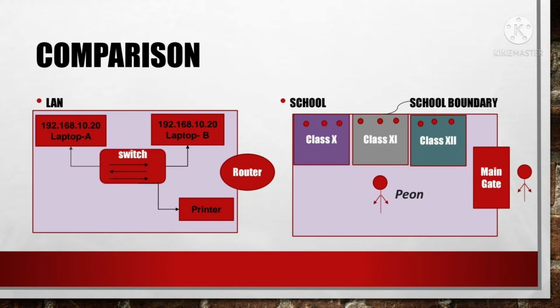Let's consider them as a laptop, printer or mobile. And we all know that every student has a unique roll number by which he or she is identified. So we can consider these roll numbers as the IP addresses of those devices. So by now, I assume everyone got a good understanding of LAN and what is IP.